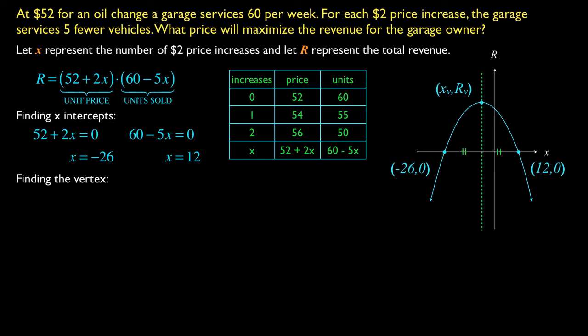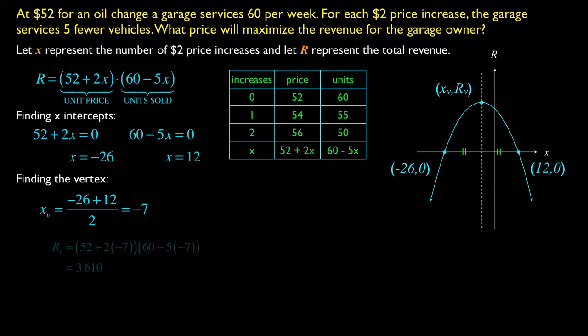So in other words, we know that the two x-intercepts lie an equal distance either side of that axis of symmetry. So to get the x-coordinate of that axis of symmetry, we simply average the two x-coordinates of the x-intercepts. And so we say to get the x-coordinate of the vertex, we take the negative 26 from the first x-intercept and the positive 12 from the second x-intercept, add them and divide by 2. We take the average, and that's negative 7.